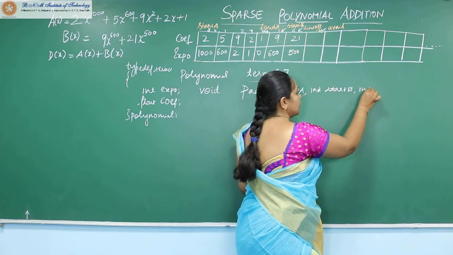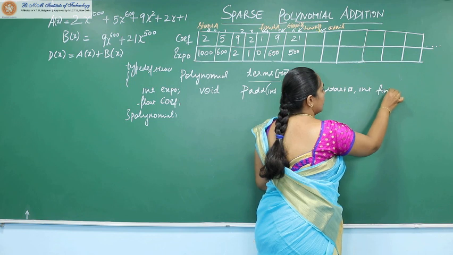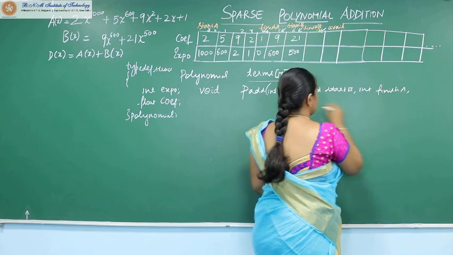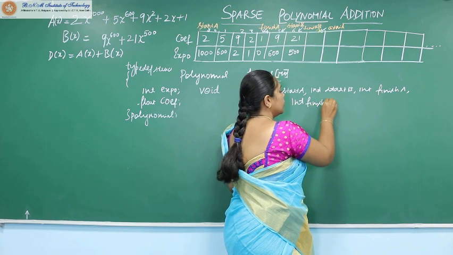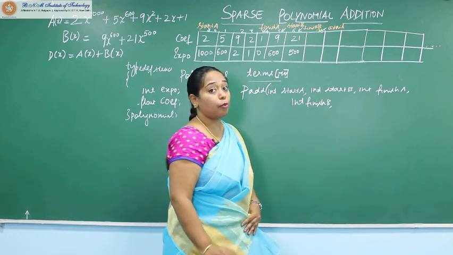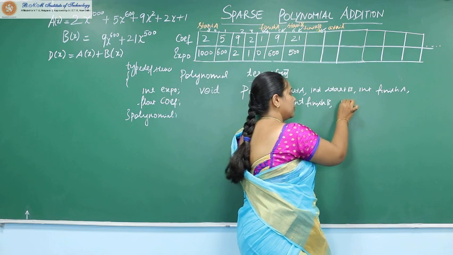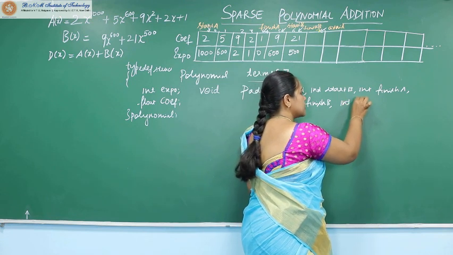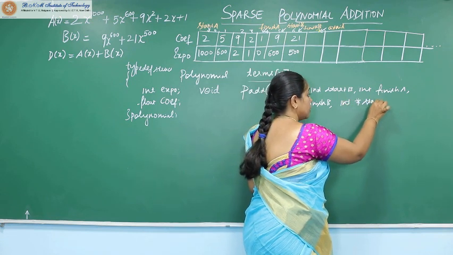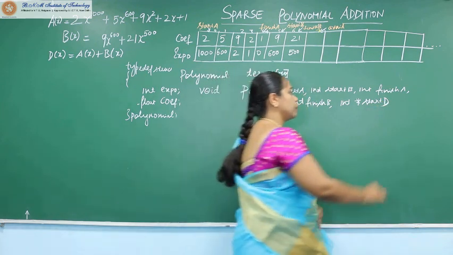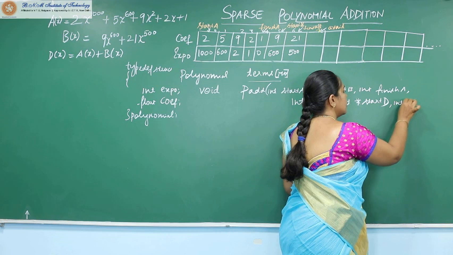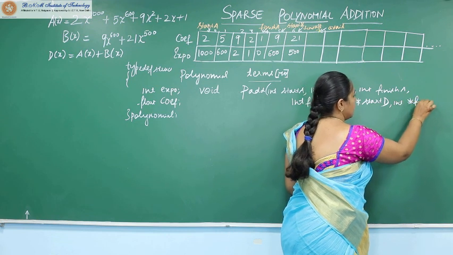And the next parameter is finishA, and similarly the next parameter is finishB. The last two parameters are pointer variables: int star startD, that's the D polynomial we are trying to find, and int star finishD.